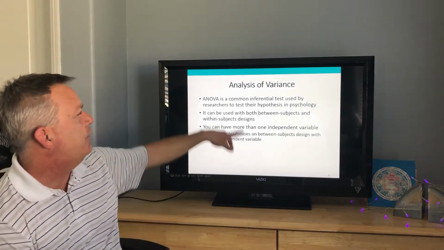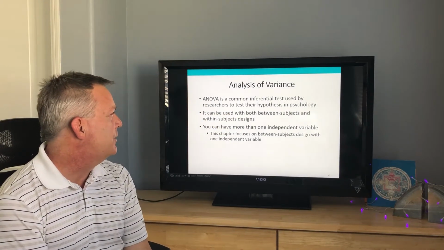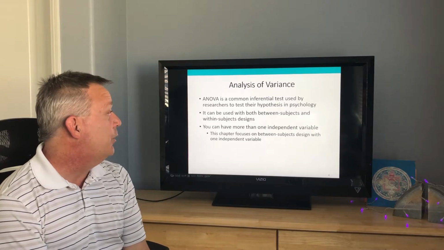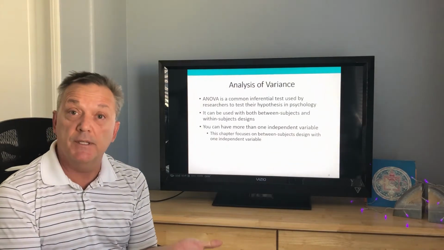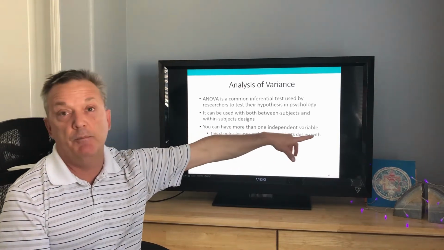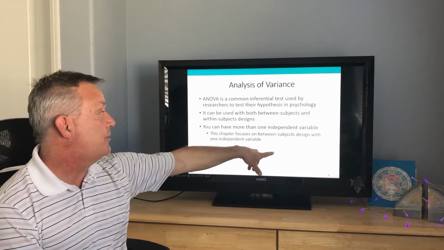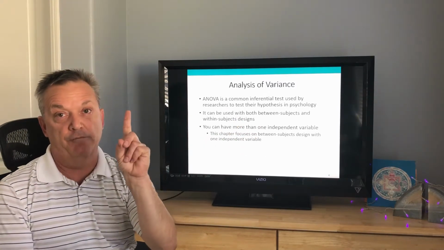Analysis of variance, ANOVA, is a common inferential test used by researchers to test their hypotheses in psychology. It can be used with both between subjects and within subjects designs. You can have more than one independent variable also. This chapter focuses on between subjects designs with one independent variable.